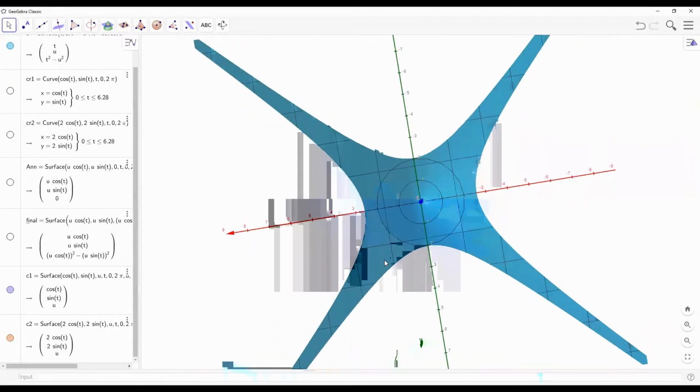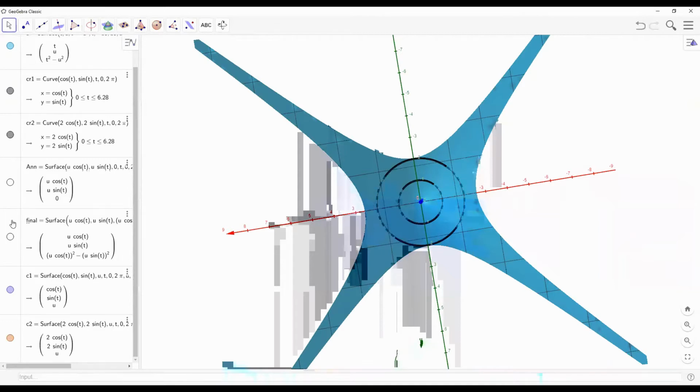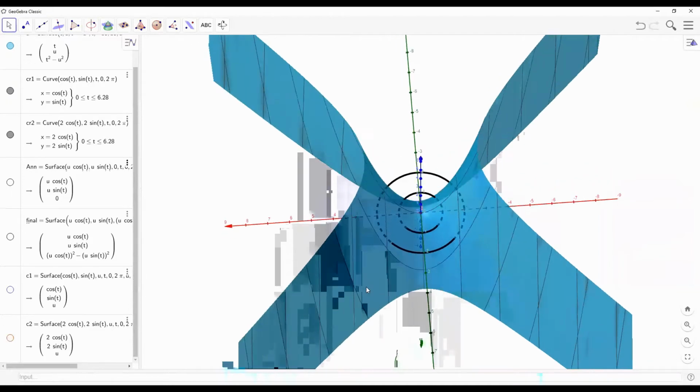Okay, so you can see, you should recognize this shape, right? The concentric circles, and then we're interested in the gap between them. That's an annulus, right? So we'll go ahead and just draw the circles themselves and then take away the cylinders.